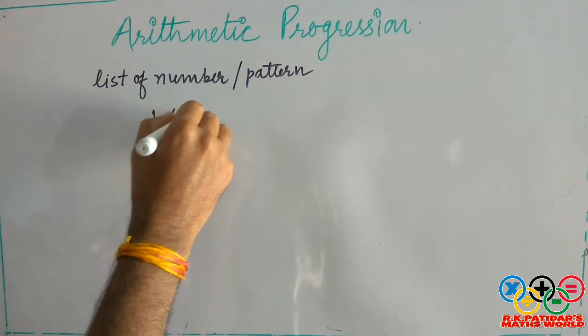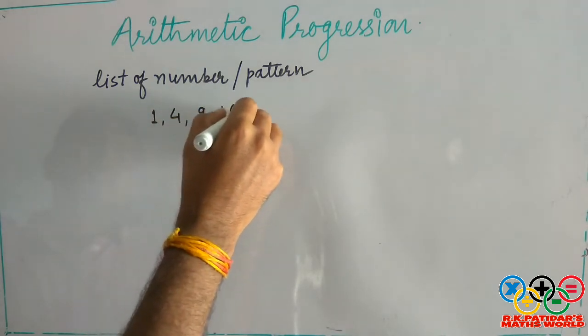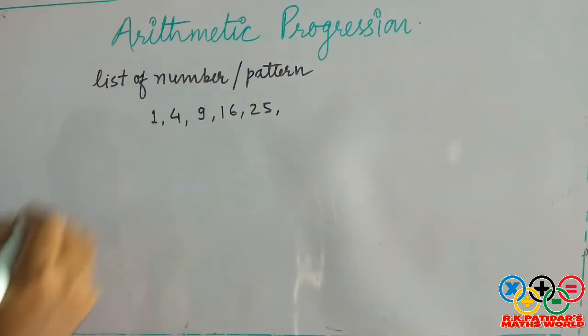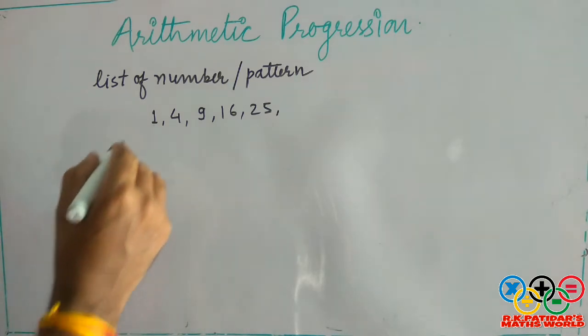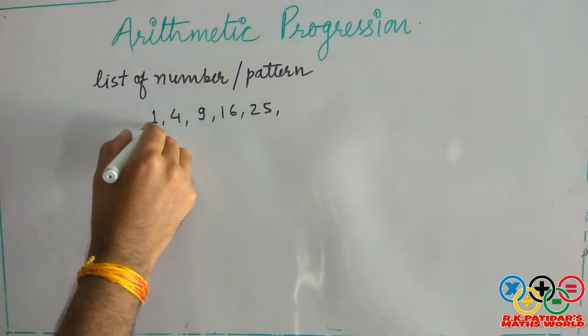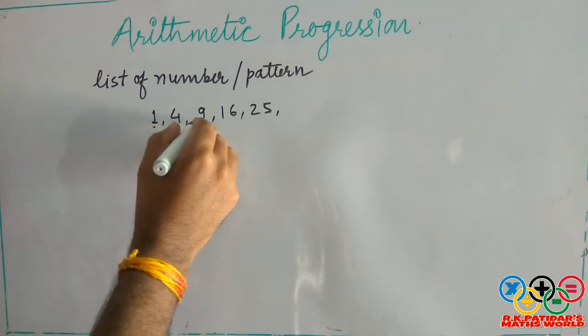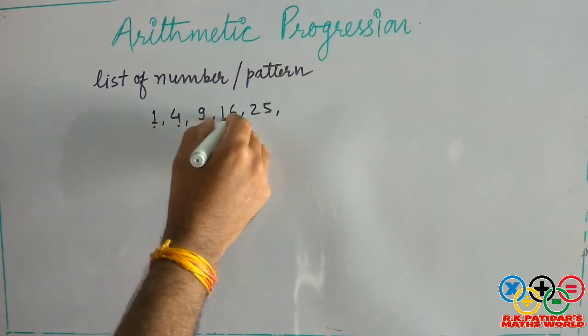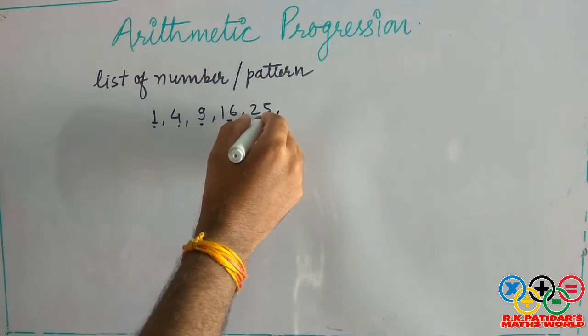The first one is 1, 4, 9, 16, 25. If I ask you what will be the next number, you just observe the pattern and then reply with the answer. If we observe the pattern, this is the square of 1, the square of 2, square of 3, square of 4, square of 5.